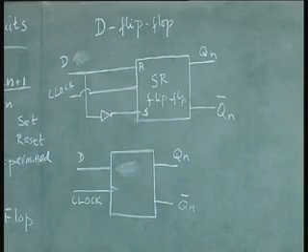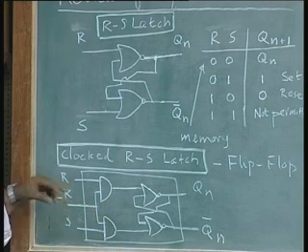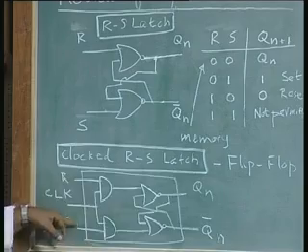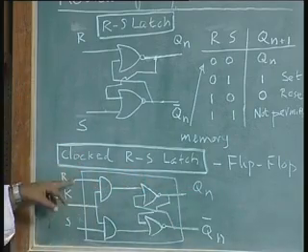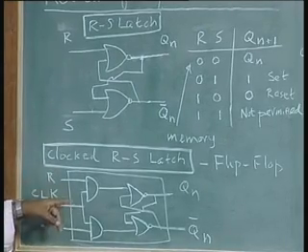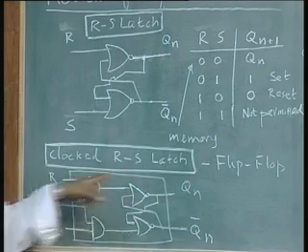You go back to this RS latch with a clock, which is called the RS flip flop. R is 1, S is 0, output is 0. R is 0, S is 1, output is 1. But then this is a clocked latch. Now, when you want to have a 1 stored, you would like to have a 1 here.